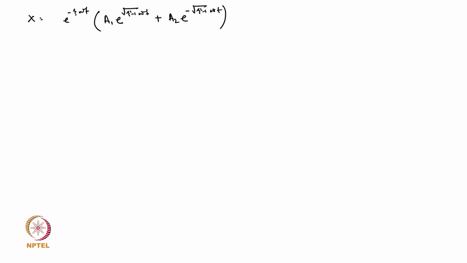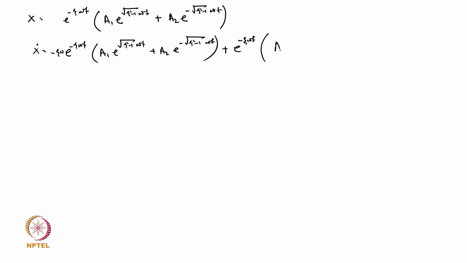Okay, so if I again try to do the differentiation, how should it look? x dot will be e to the power of minus xi omega t, with minus xi omega, into the same thing, plus e to the power of minus xi omega t into root over xi square minus 1 omega, a1 e to the power of root over xi square minus 1 omega t, minus root over xi square minus 1 omega a2 e to the power of minus root over xi square minus 1 omega t.